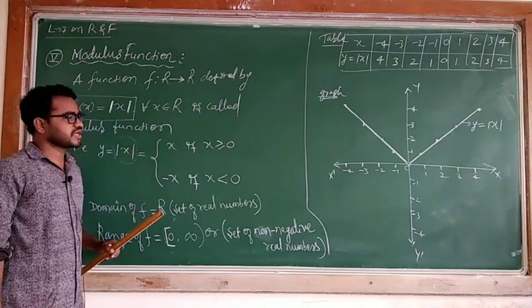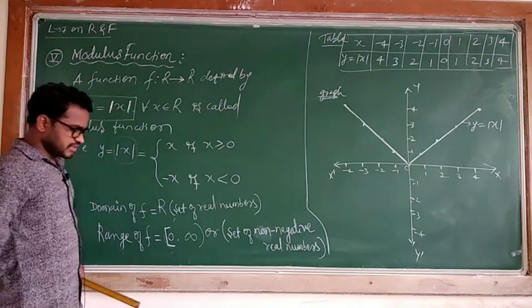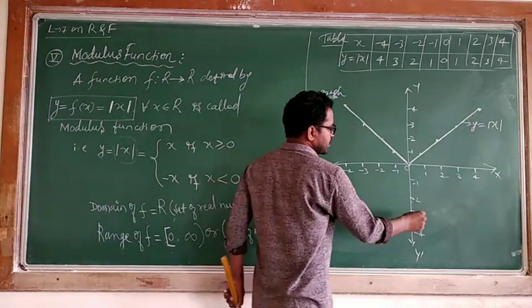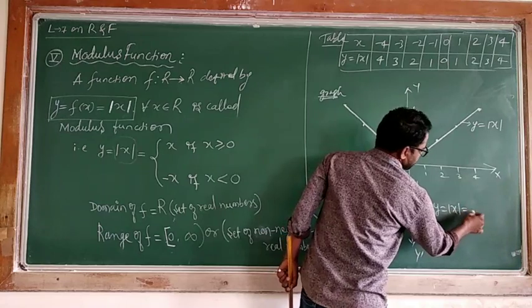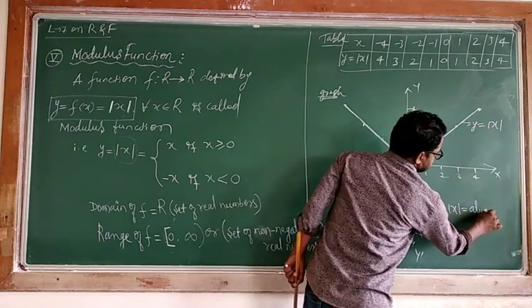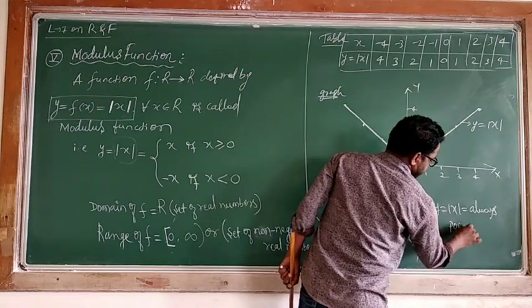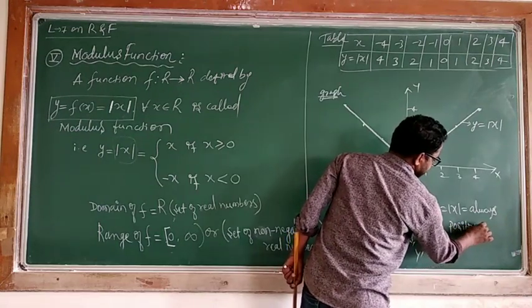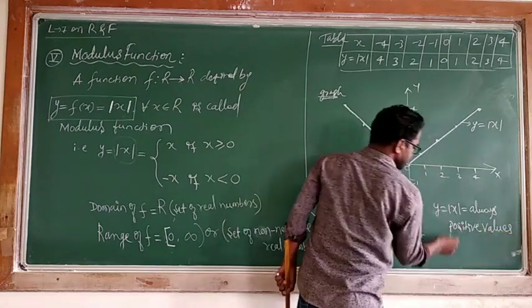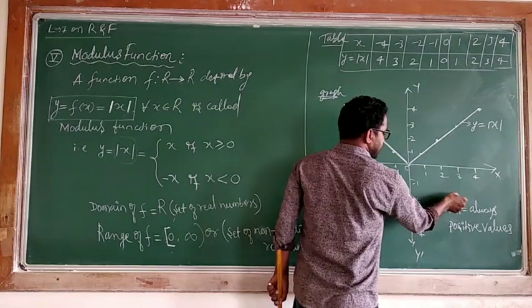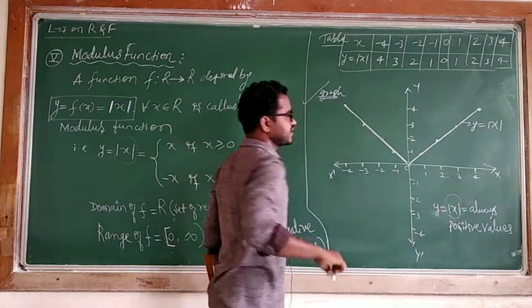Modulus of x is always a positive value. Modulus of x will give always positive values. This is the graph of the function.